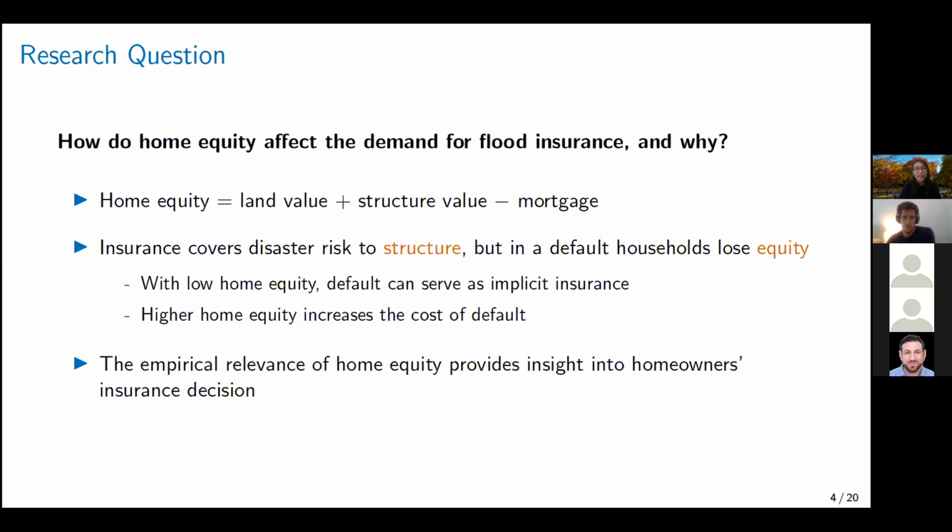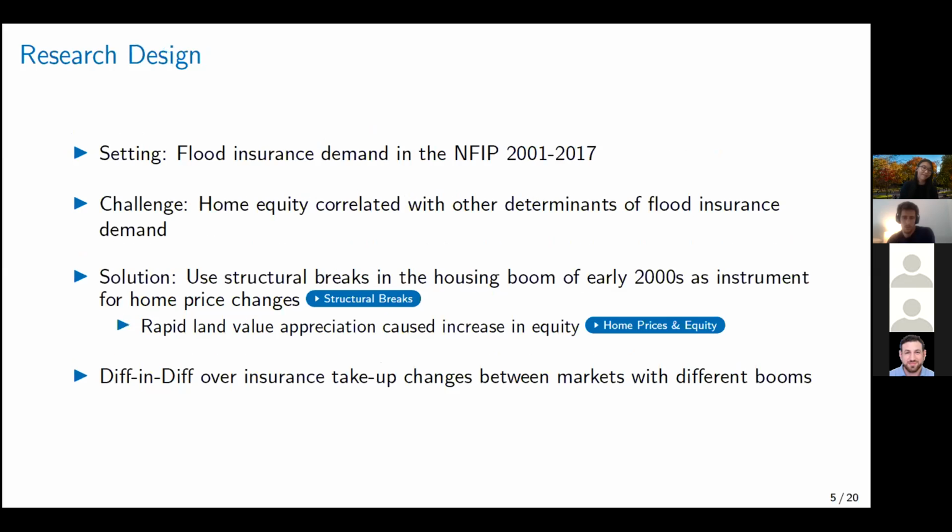And of course, all of this is theoretical, and we show this in a piece of theory in the paper. But our main task in this paper is to establish whether there is an empirical link between the two. And that would provide insights into the homeowner's decision-making about buying flood insurance.